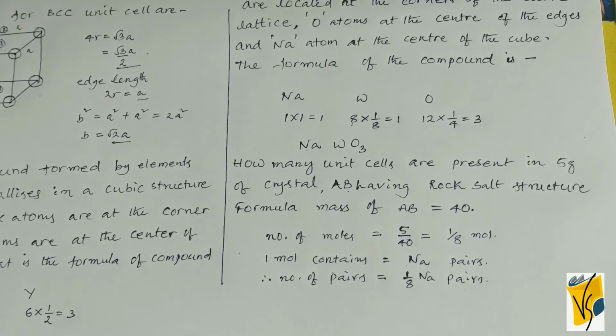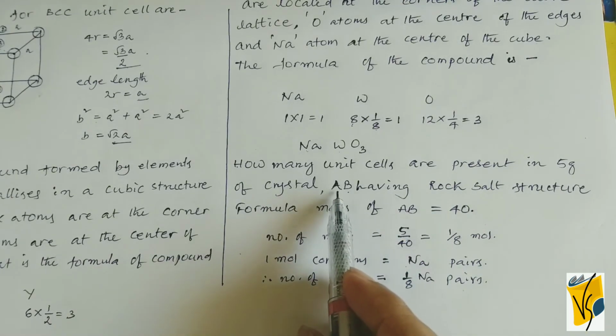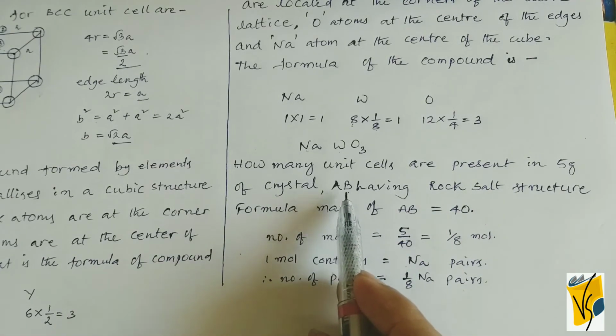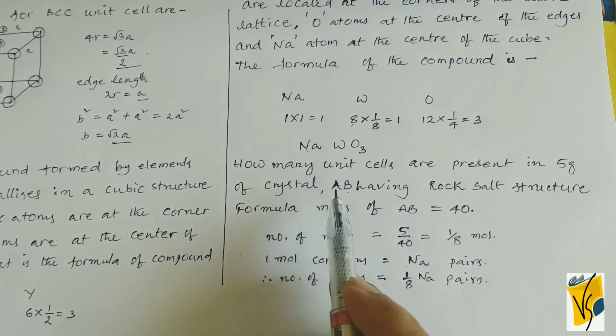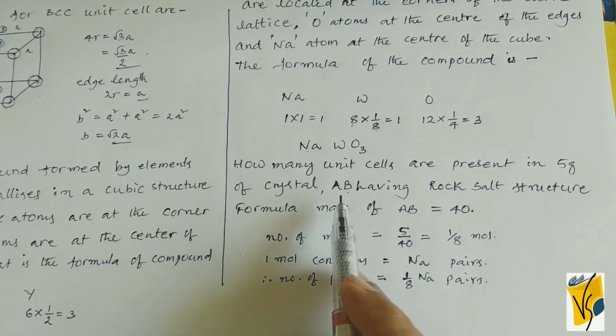Now what is the question? We have to find out the number of unit cells. Okay, this is a rock salt type of structure. That means it is similar to sodium chloride. We know the structure of sodium chloride, in which sodium is present at the center and at the edges, right? Whereas chloride ions are present on the faces and corners.